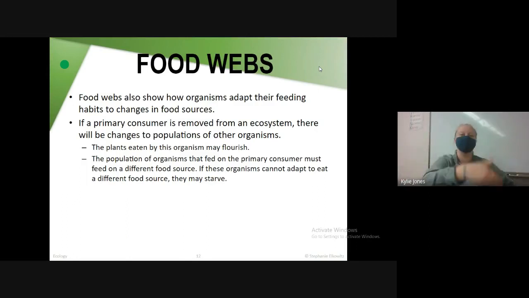Those wolves started to eat the deer. There were less deer, so the plants that all the deer were eating started to grow more, and the ecosystem kind of stabilized back out. Does that make sense? A little bit of like how the interactions work there. Taking that as a yes.